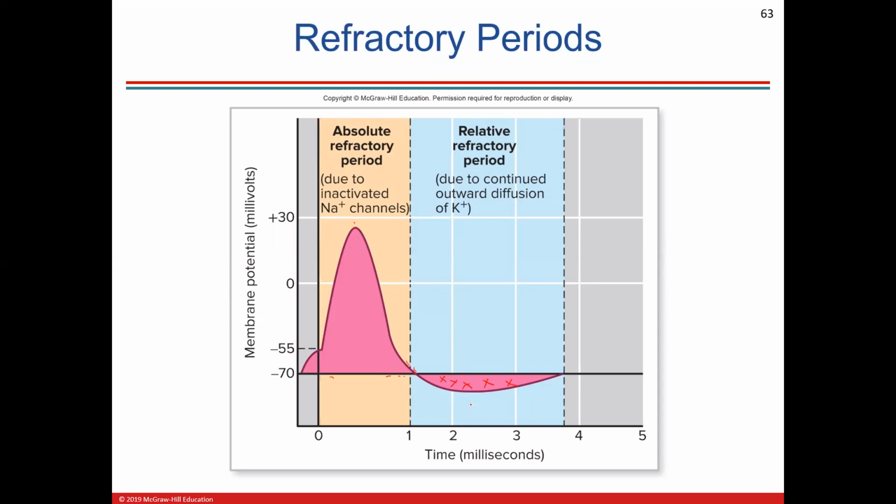If you have a really strong stimulus here, you can get an action potential. I'm sorry. So again, with a hyperpolarized membrane, still minus 85, minus 90, you may get an action potential, but it's still called a relative refractory period, because most of the time you won't unless it's strong enough. So absolute is right during the action potential. It's not going to happen.